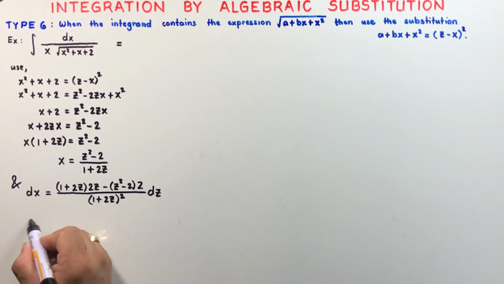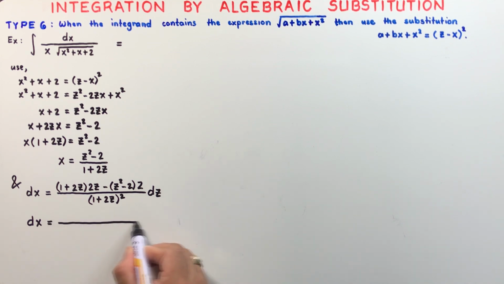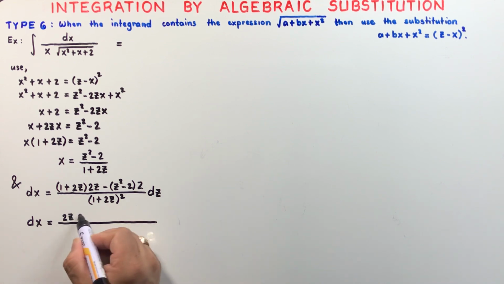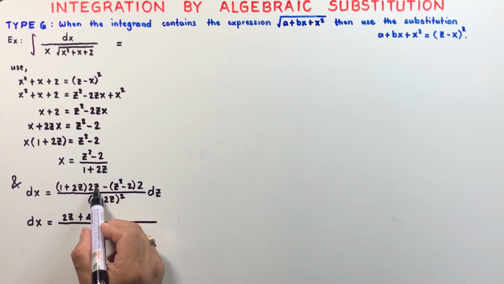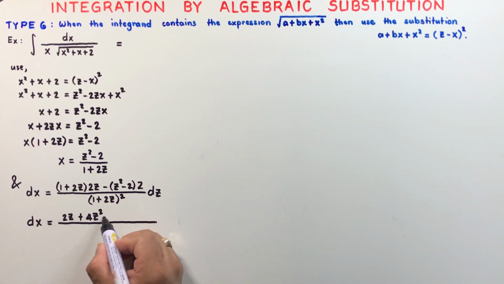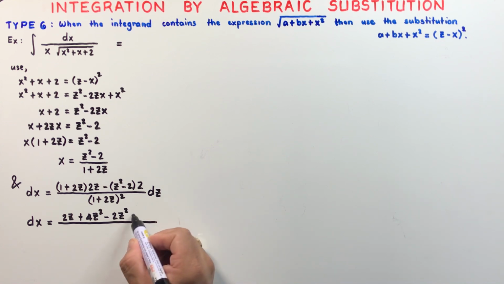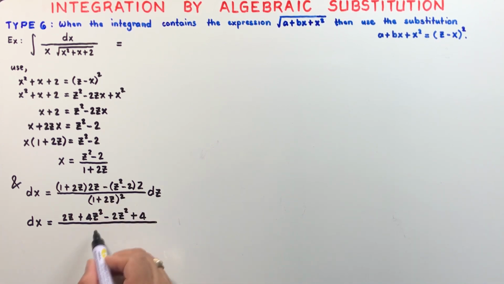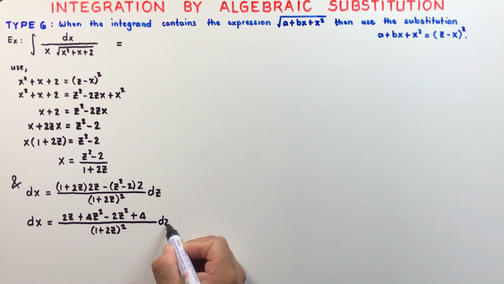So we have dx is equal to the quotient of this one, which is 2z plus 4z squared. When you distribute this 2z to this binomial here, we have 2z squared plus 4. When you distribute this 2 to this binomial also here, with a denominator of the square of 1 plus 2z.